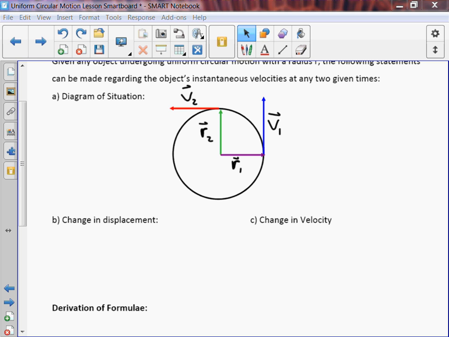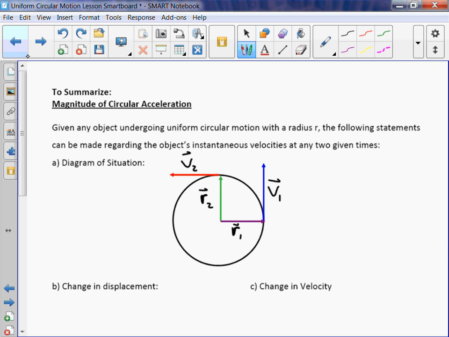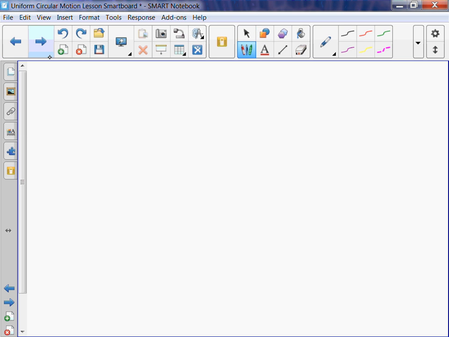I'm going to do this proof on a blank smartboard sheet, so I'm going to be going back and forth from this diagram to a blank sheet. You want us to write this on the blank sheet or just follow along? On a blank sheet would probably be best.